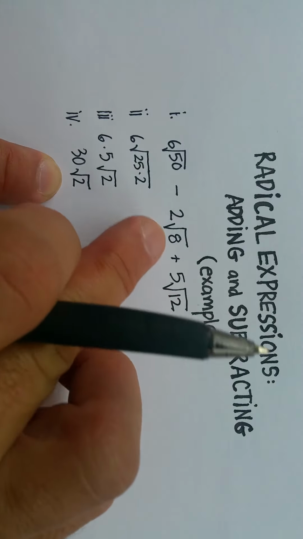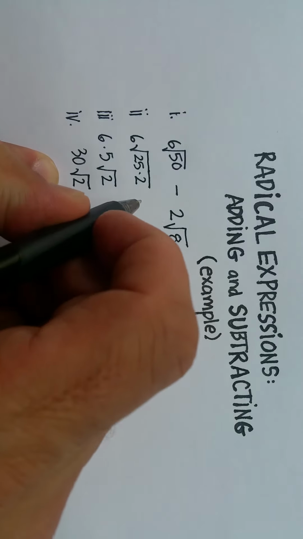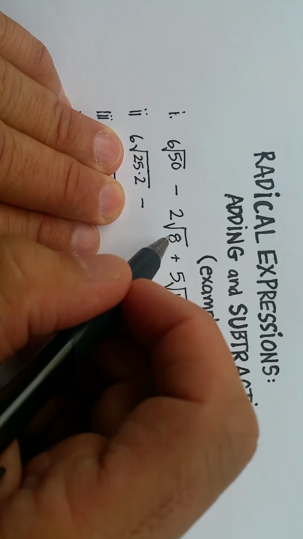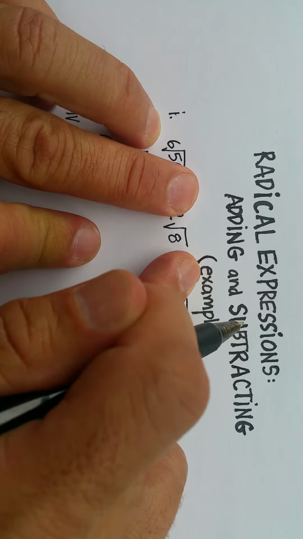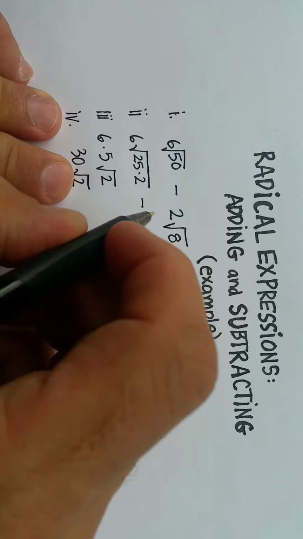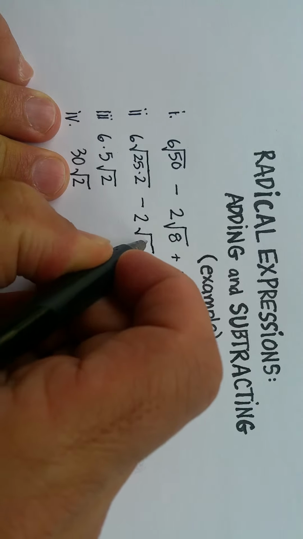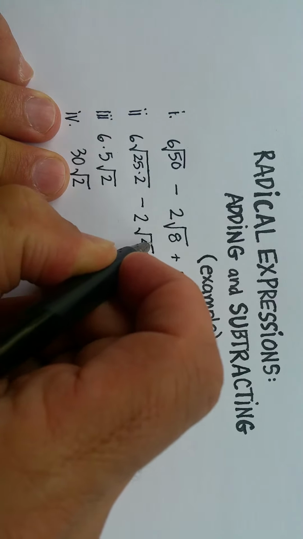Let's see if I can change either one of these to a radical 2. Now, I look at 2 radical 8, and again I see that radical 8 can be rewritten as radical 4 times radical 2.